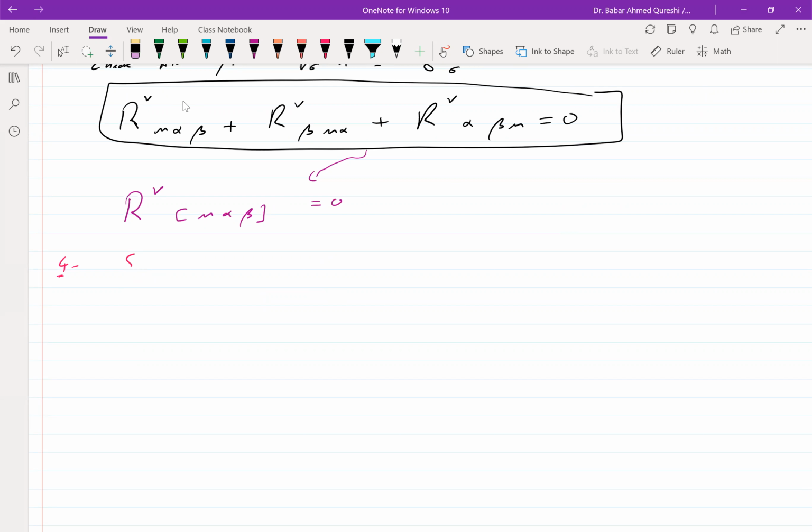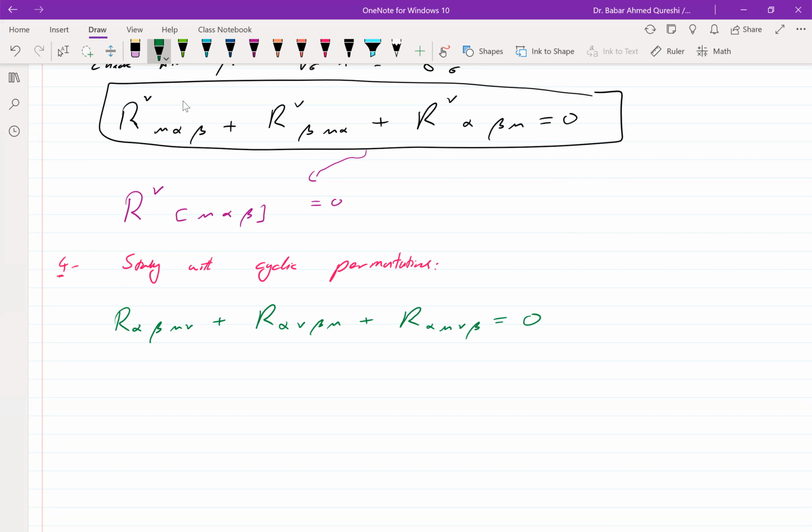So starting with cyclic permutations, I can write this thing: R alpha beta mu nu plus R alpha nu beta mu plus R alpha mu nu beta. This is 0.